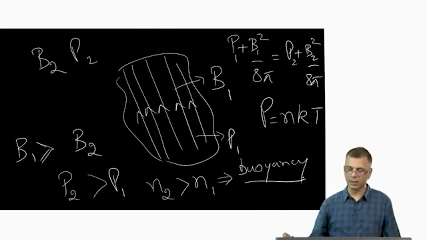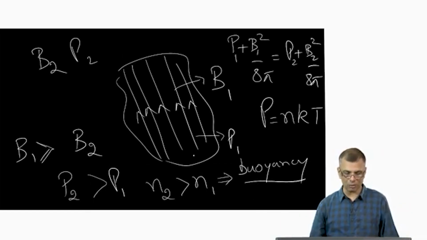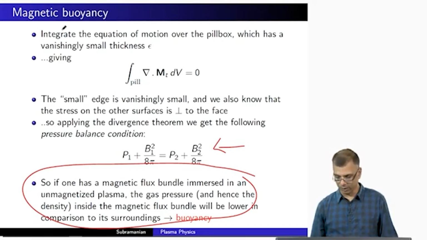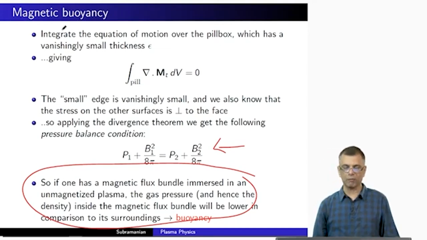So, this is what I meant. This leads to magnetic buoyancy. So this was one important consequence of magnetic fields being embedded in fluids.